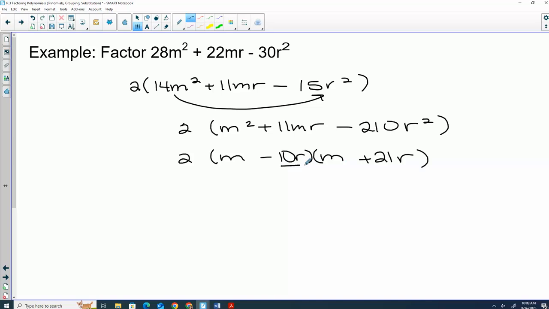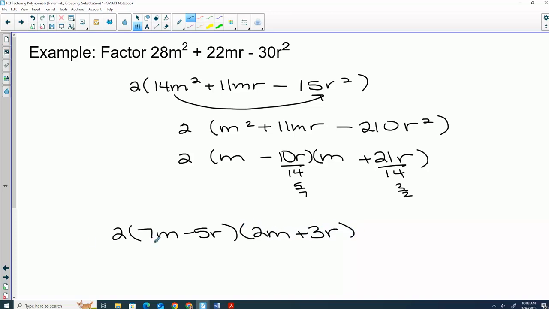Then we have to divide our 14 back. So 10 over 14 reduces to 5 over 7. So 7m minus 5r. 21 over 14 reduces to 3 over 2. So 2m plus 3r.